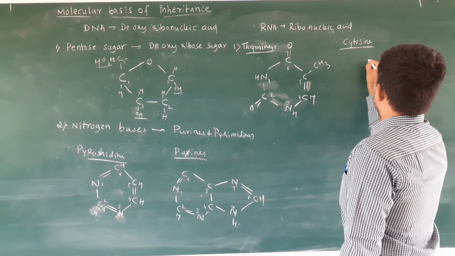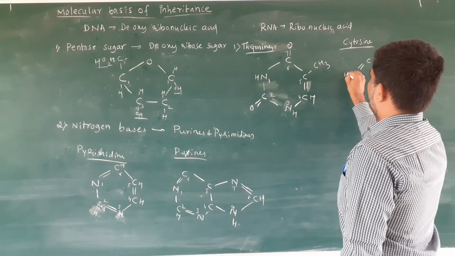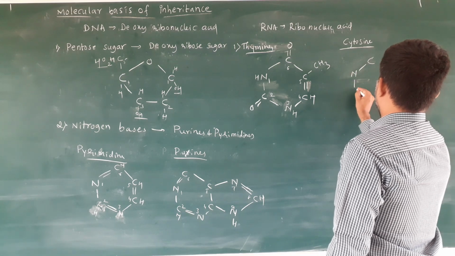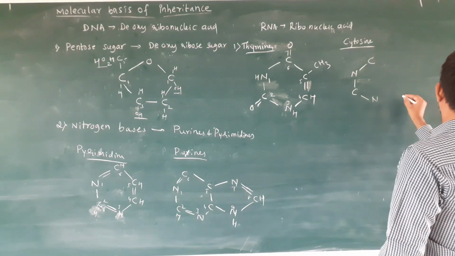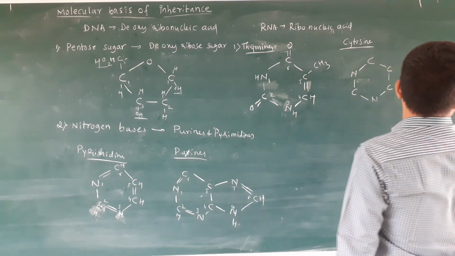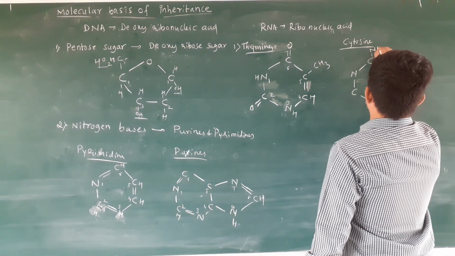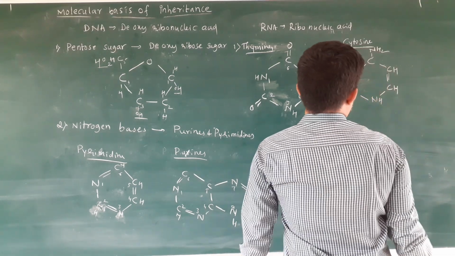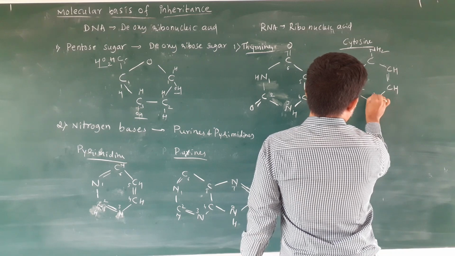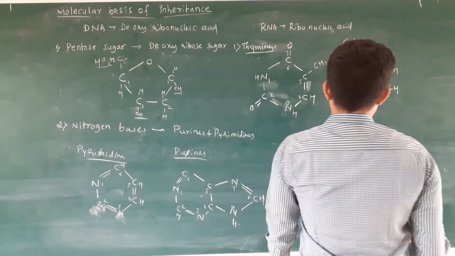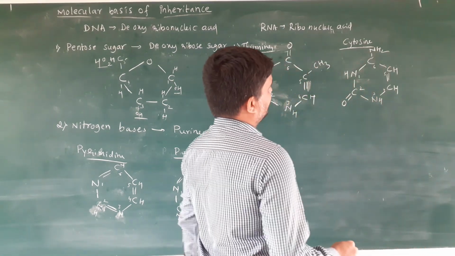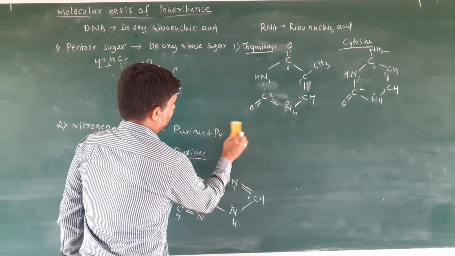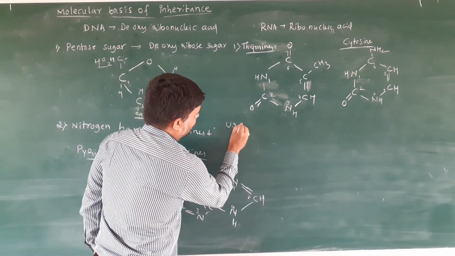See, the cytosine structure: C double bond N, C, N, C, N, C, C. N means... uracil.